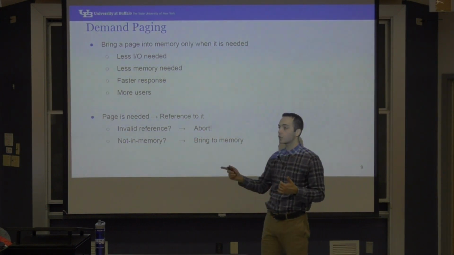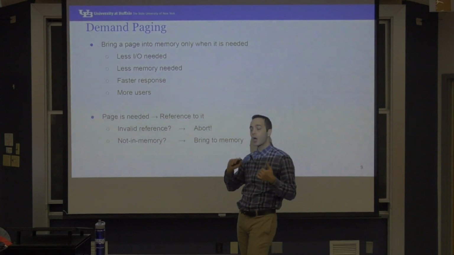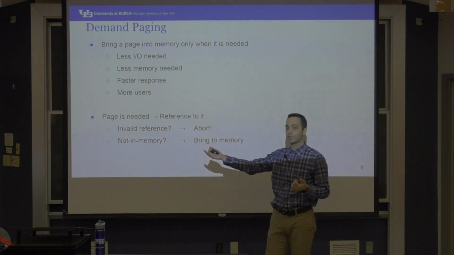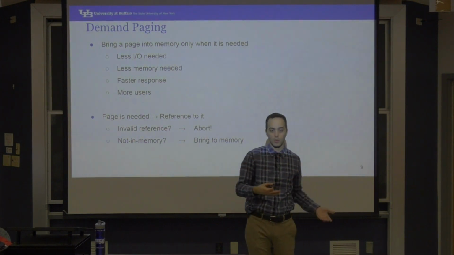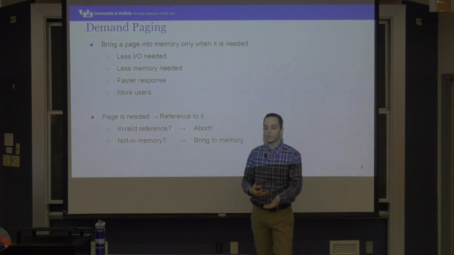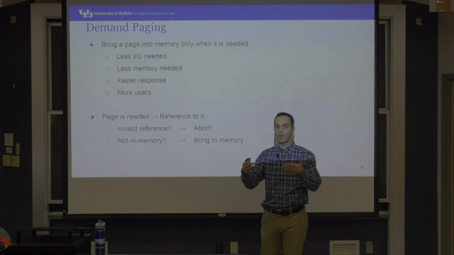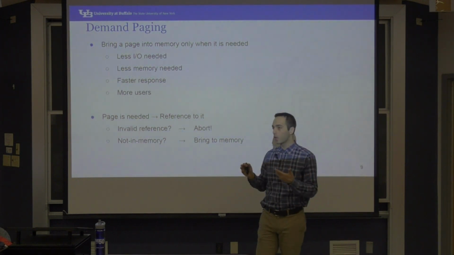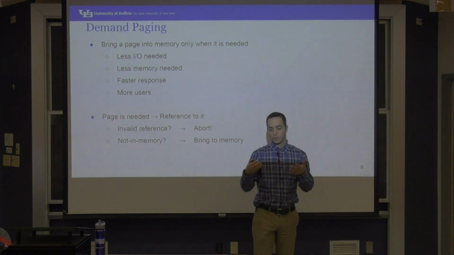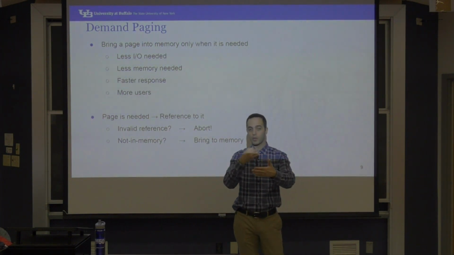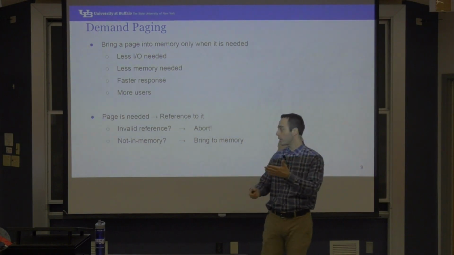However, if you try to access page number 3, and I know that you're supposed to access page number 3, it's just that it's not available on physical memory because of the implementation of virtual memory, and I wanted to save some space on the RAM, so it's not there. So I'm not going to abort you. You didn't do something wrong. Instead, I'm going to load page number 3 into the physical memory and then let you continue, right?